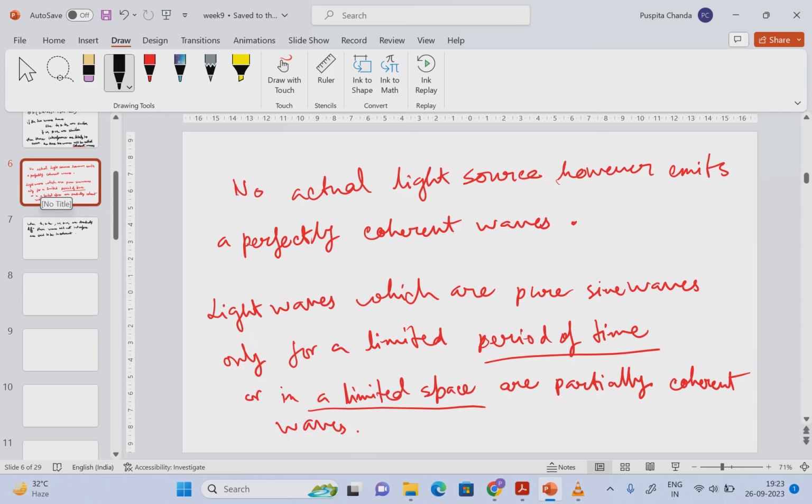Now, a limited period of time is the coherence time and a limited space is the coherence length. So for every source, there is a coherence time and coherence length specified, and depending on this coherence length and coherence time, we use these sources. Okay.